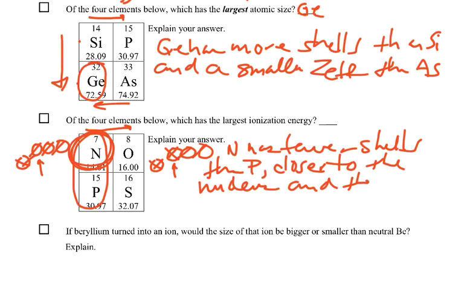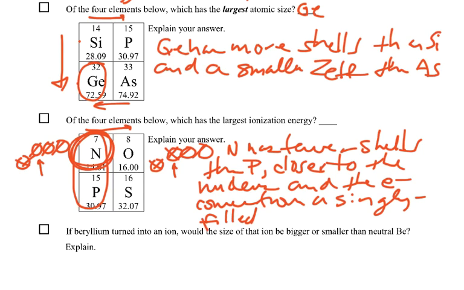So the electron comes from a singly filled orbital, I should say half-filled orbital. So that's not a great answer, but the idea is that nitrogen and phosphorus are more difficult than oxygen and sulfur, because we're coming from an orbital with only one electron as opposed to the electron-electron repulsion we're going to get in the filled orbital. And the smaller the atom, the more difficult it'll be to pull off an electron because it'll be closer to the nucleus, and nitrogen is smaller than phosphorus.